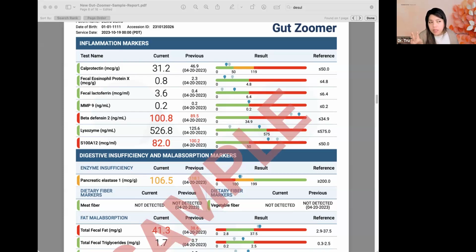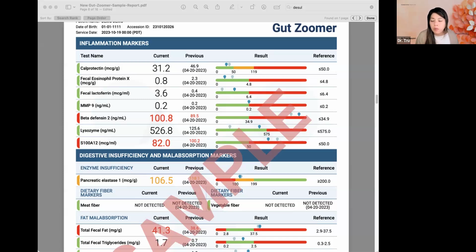Typically, I guess the gold standard and recommendation on what to do is get a colonoscopy. But to me, this is enough to let me know that you have ulcers. So instead of going through the stressor, but also drinking that toxic solution to get a colonoscopy, I don't recommend that.